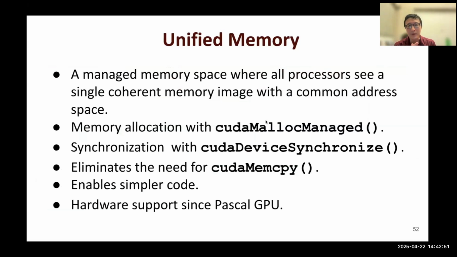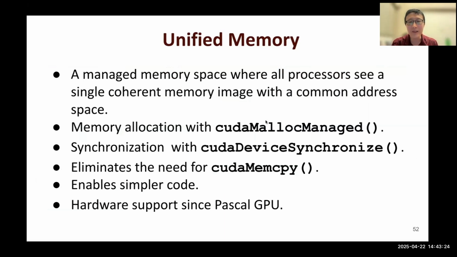So what is unified memory? Unified memory provides a virtual memory space that is managed by CUDA. You don't need to worry about it. All you need to do is, instead of doing cudaMalloc for the memory array, you can do a cudaMallocManaged. So it will make sure that a particular chunk of memory is managed for your GPU.